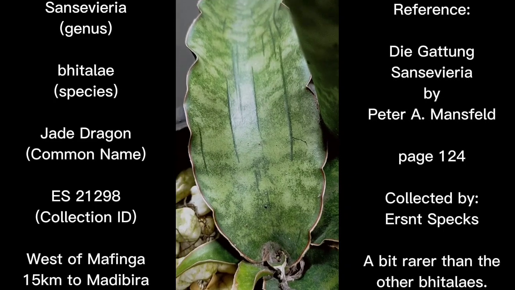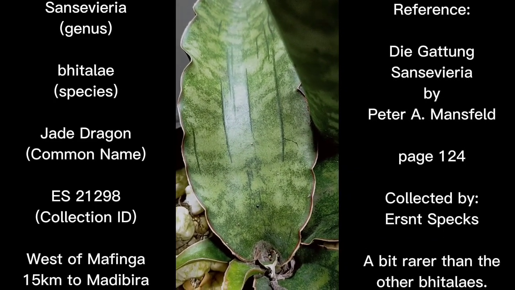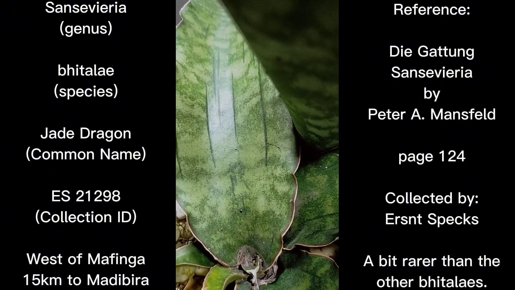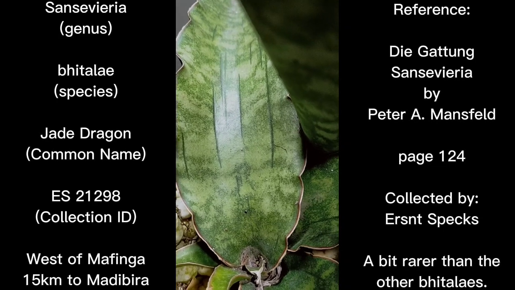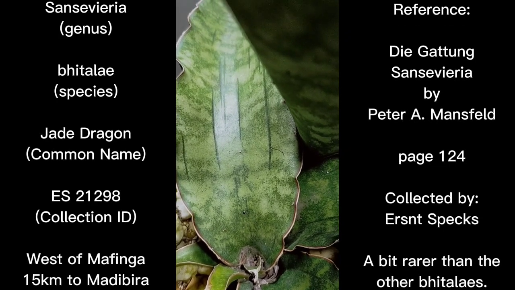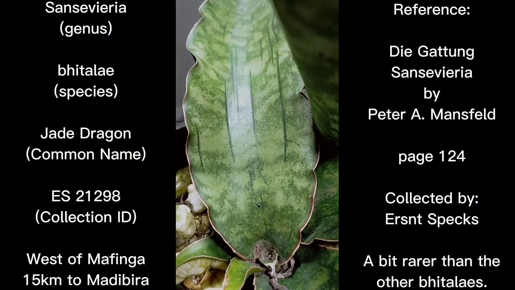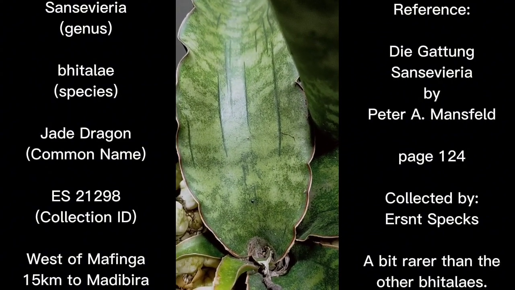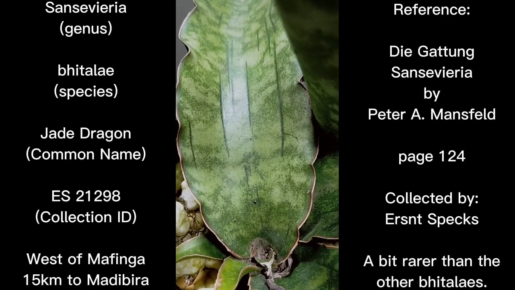Again, for people who are using a measure of distance like 15 kilometers as an ID of an unknown Sansevieria, that is totally made up, and we do not acknowledge a Sansevieria of unknown origin.